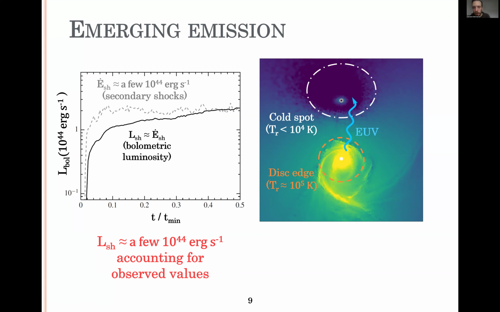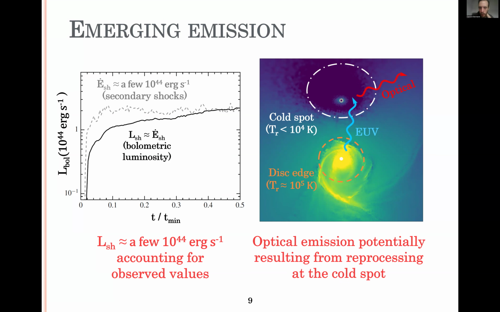And when these photons are absorbed and re-emitted, they would emerge as optical photons. So this is a mechanism that is the first to be proposed based on first-principles simulations, but of course there is still a lot to do to make it more robust using precise multi-frequency radiative transfer calculations.